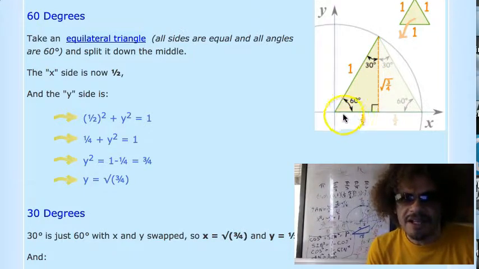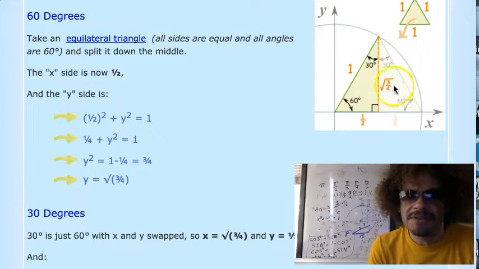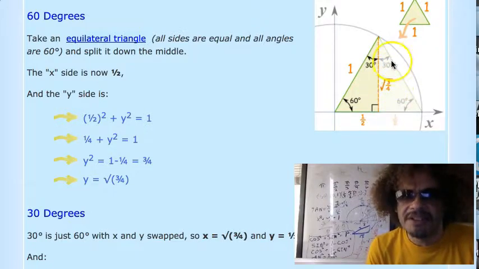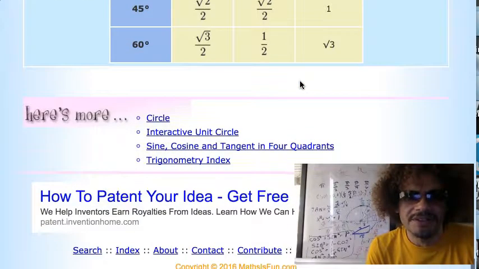And then understand that this becomes the same thing as cosine, and this becomes the same thing as sine, because my x component is no different than my cosine, and my y component is no different than my sine. And all we're doing here, because I've made this 1, is making it easier, not more difficult. Okay.